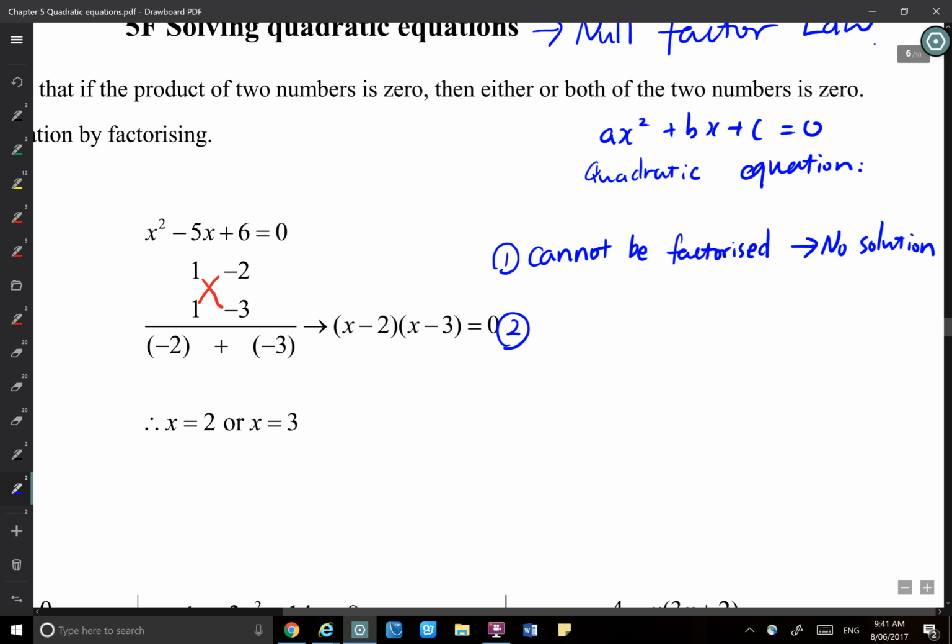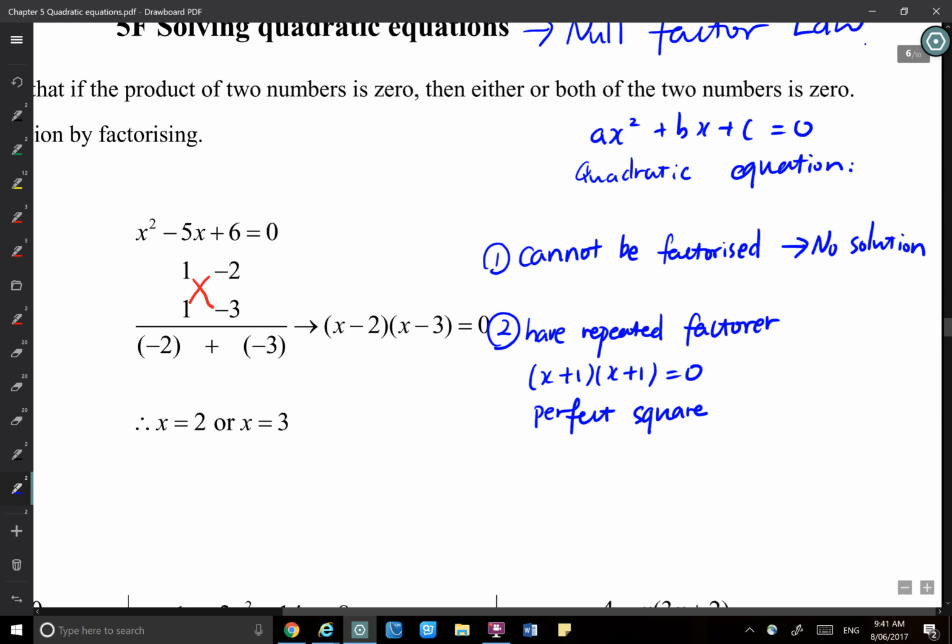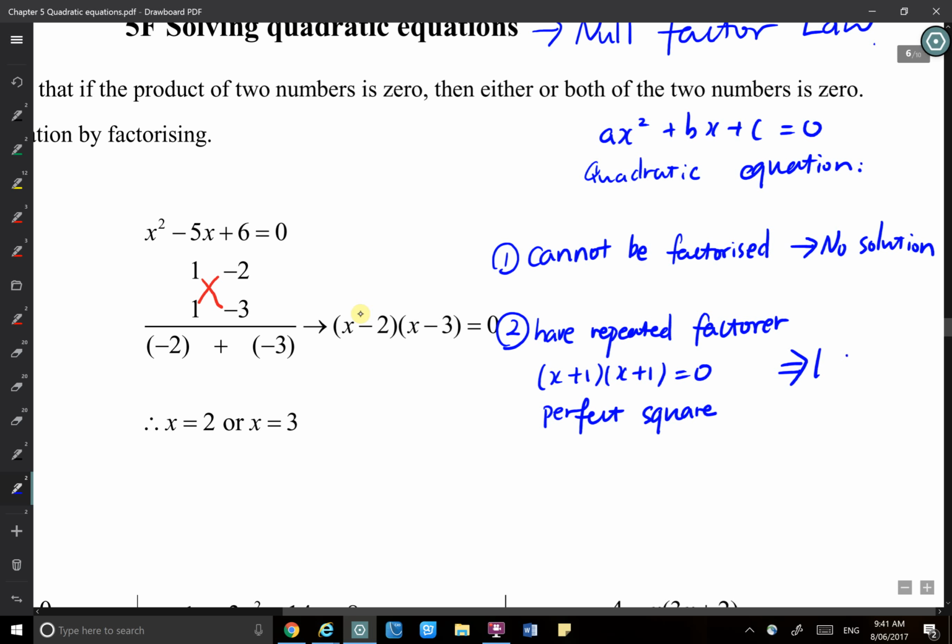The second case, you have a repeated factor. For example, x plus 1 times x plus 1 equals 0. Or say that's a perfect square. In this case, there will be one solution only.